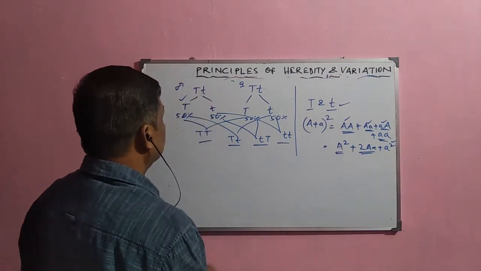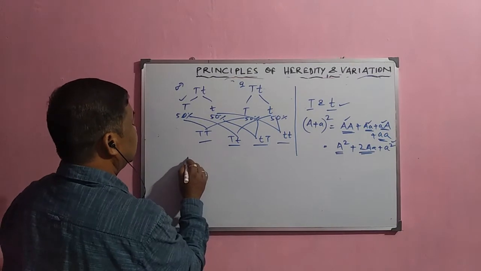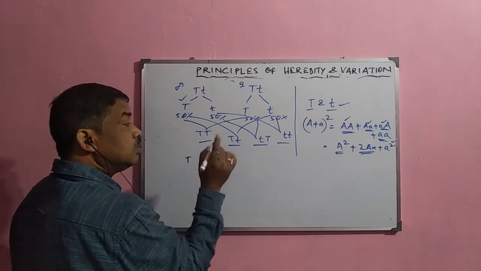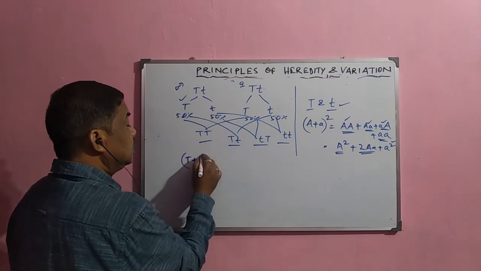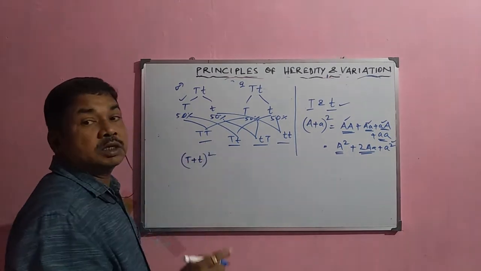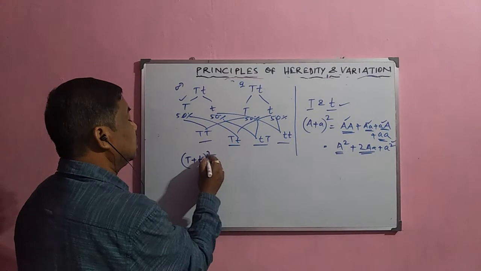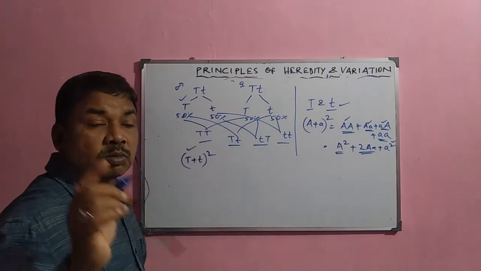Now when we are taking here capital T and small t, and when it crosses with another capital T and small t, then this is the square of capital T and small t.